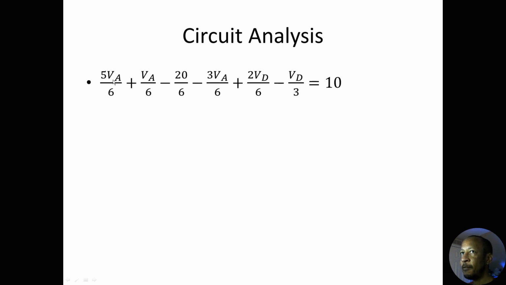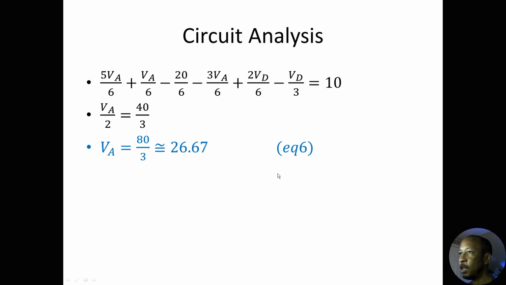Next, I have 5VA over 6 plus VA over 6 minus 20 over 6 minus 3VA over 6 plus 2VD over 6 minus VD over 3 equals 10. Next, I have VA over 2 equals 40 over 3, and then that gives me VA equals 80 over 3, which is approximately equal to 26.67, and that is my equation number 6.